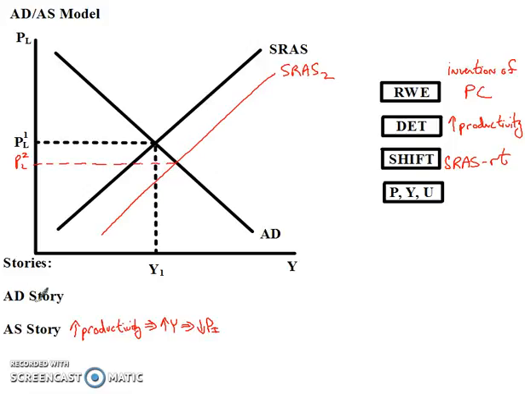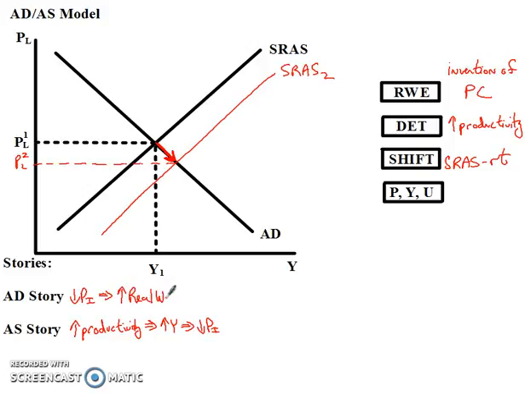But then what happens on the aggregate demand side? As prices begin to decline, we move along the aggregate demand curve. There are really three stories I could tell here. I'll tell the first one right now, and that's the wealth effect. As we get a decrease in prices, my real wealth increases.